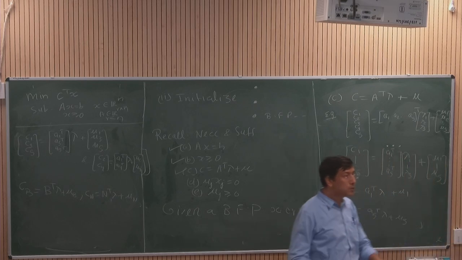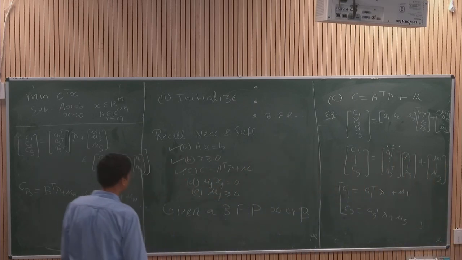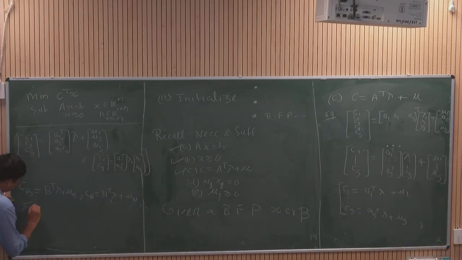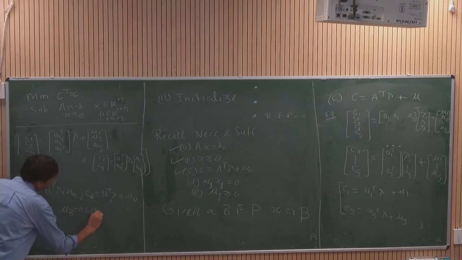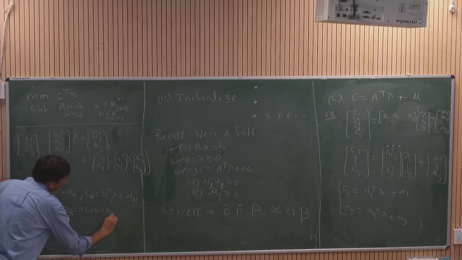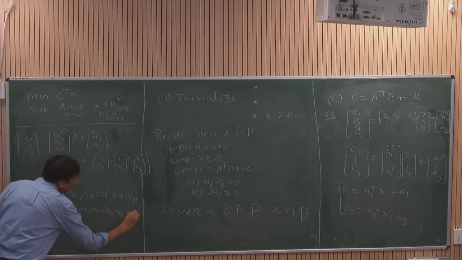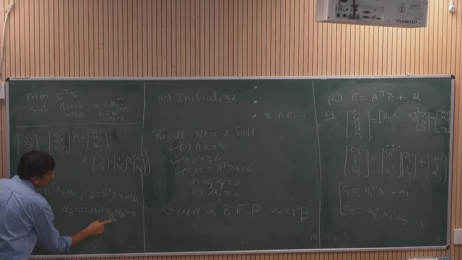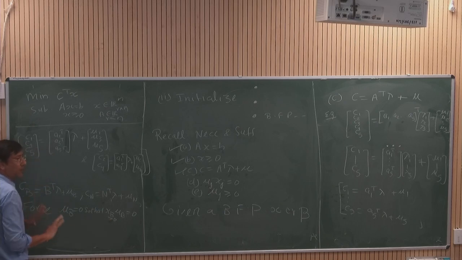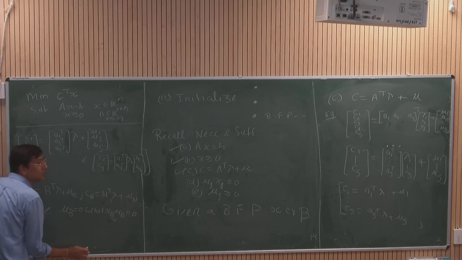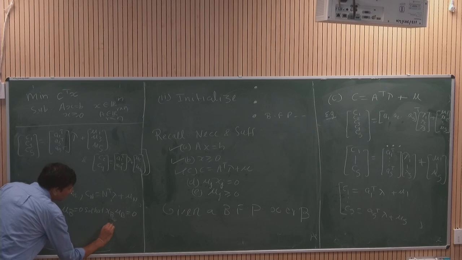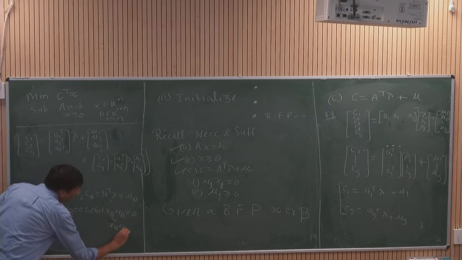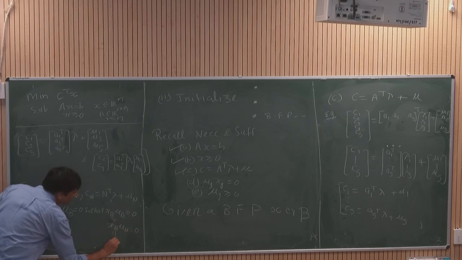So we want to force mu B equal to 0, so that xB mu B equals 0. This we know is greater than or equal to 0. And xN mu N would anyways be equal to 0 because xN is equal to 0.